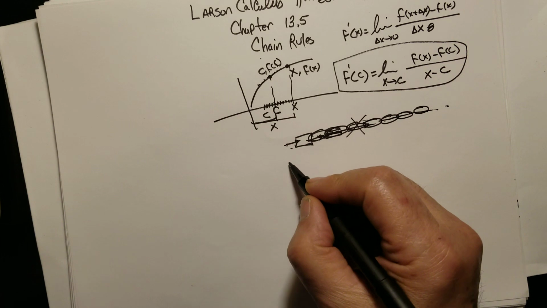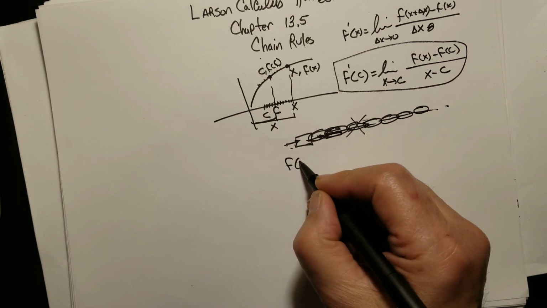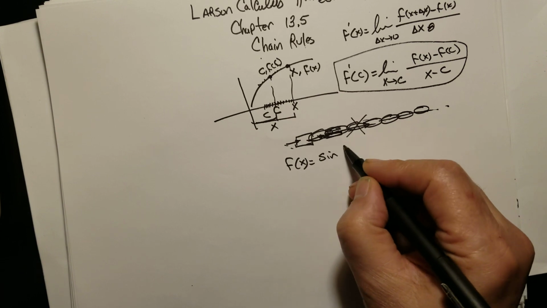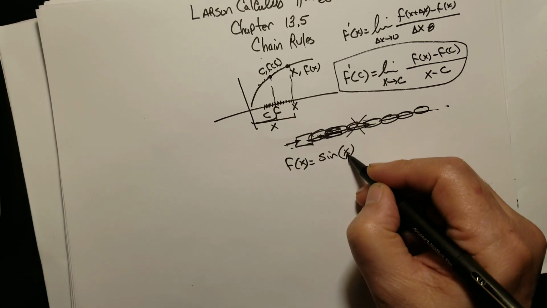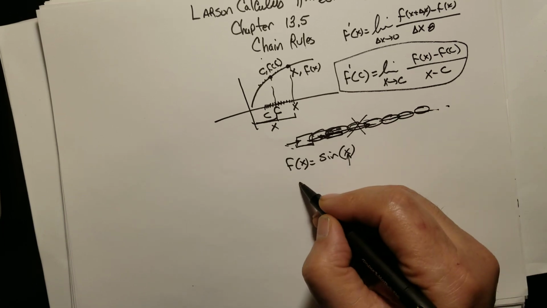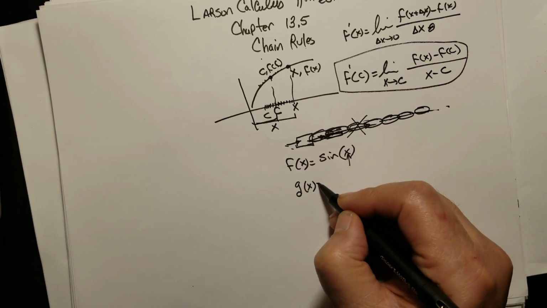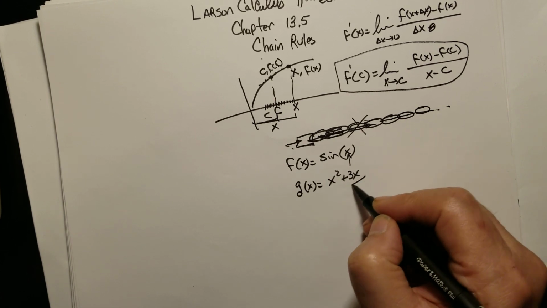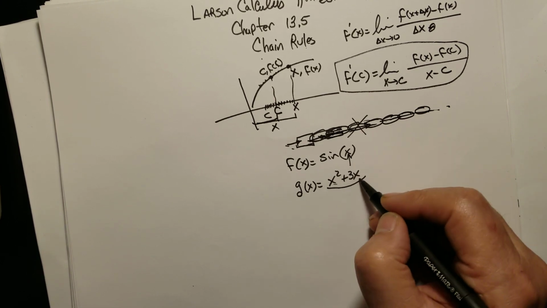In mathematics, I'm going to give you an example. If you have f of x equal to sine of x, that x is an arc length, and it can be any real number. And then I'm going to write an algebraic function such as g of x equals x squared plus 3x, and this x can take any real number.